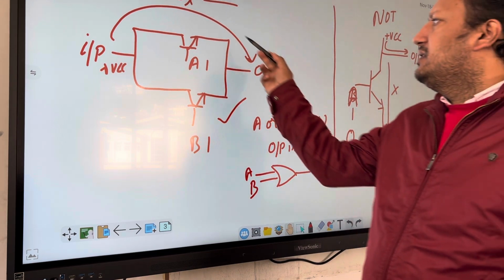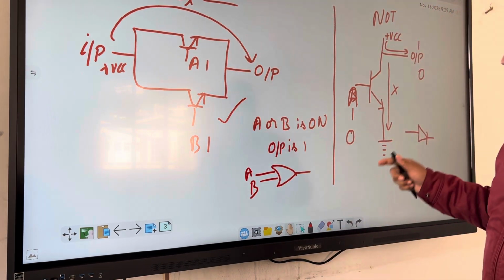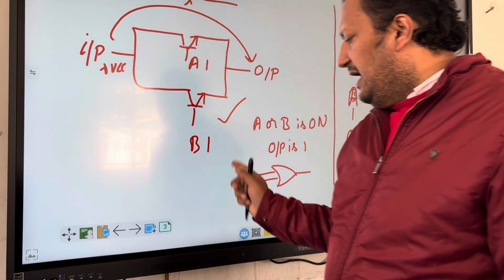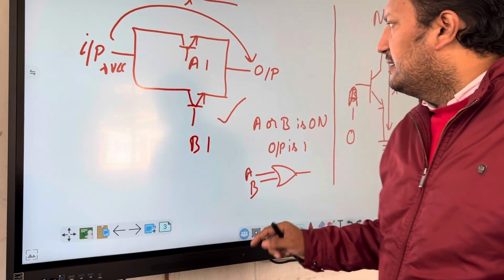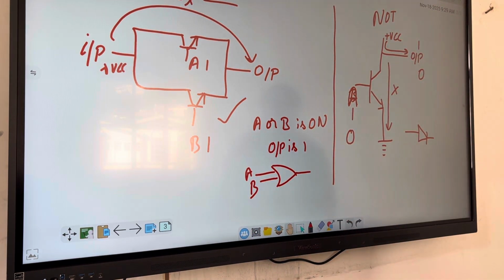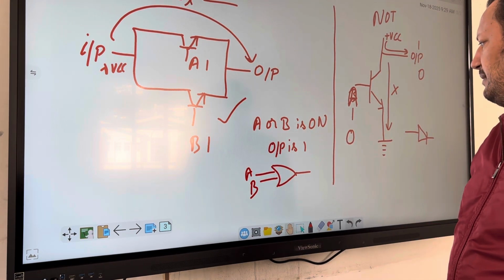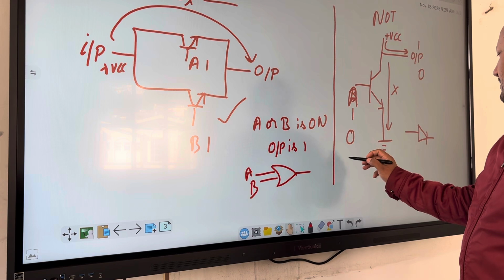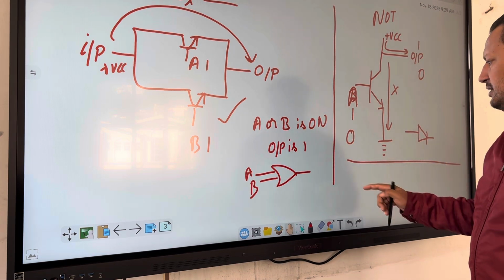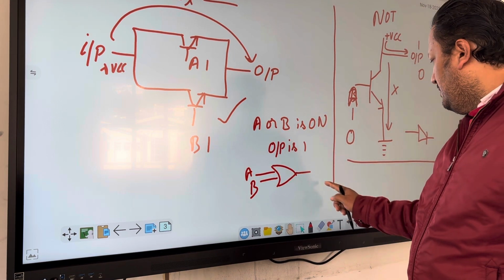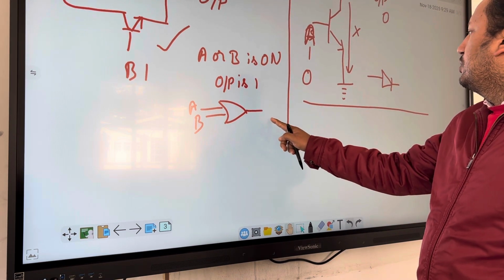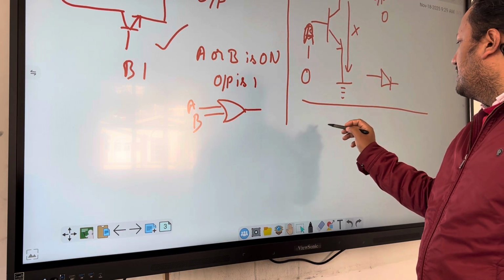Then you make these circuits, or you make the AND circuit inside the IC, and then from there you can use them for practical applications. So always remember all the digital devices you see. There are two types of digital devices which are important.